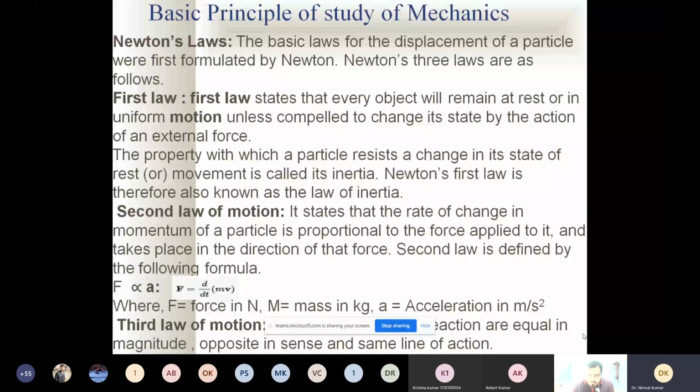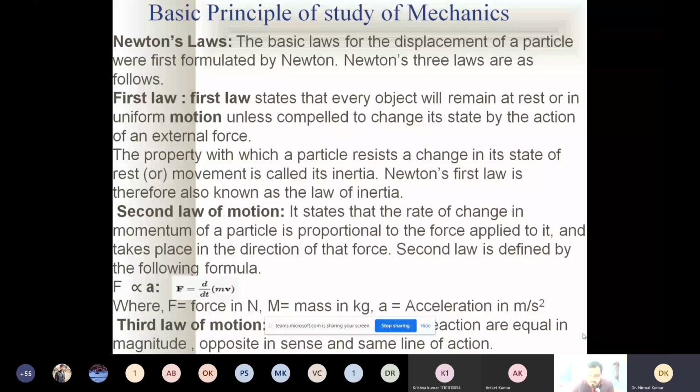It states that every object will remain at rest or in uniform motion unless compelled to change its state by action of external force. यह concept जो है फर्स्ट लॉ में ही आप सब पढ़े होंगे, हम भी पढ़े थे, रटे थे, मेमोरी में रखे थे, बट कंसेप्ट नहीं समझे थे. You read it again. और इसी में इक्विलिब्रियम का कंडीशंस एम्बेडेड है.